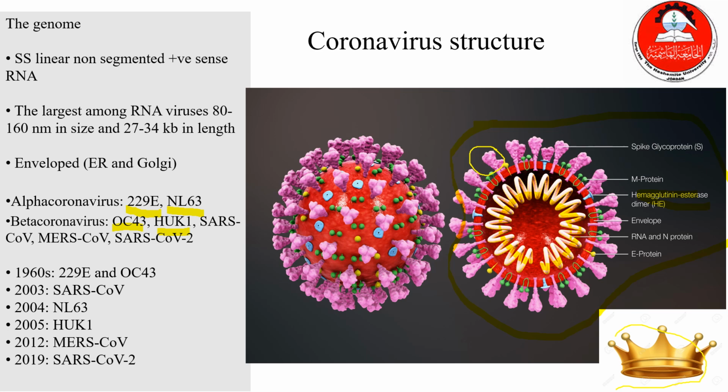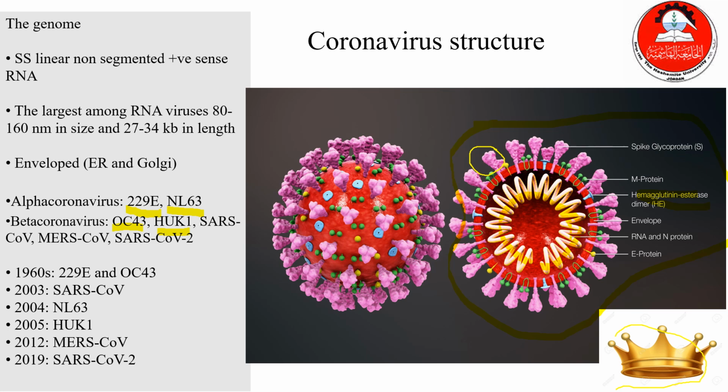When did the coronaviruses first emerge? The 229E and the OC43 emerged first and were identified and isolated in the 1960s. After that, they were the only genotypes known until 2003, when the SARS-CoV hit in China.